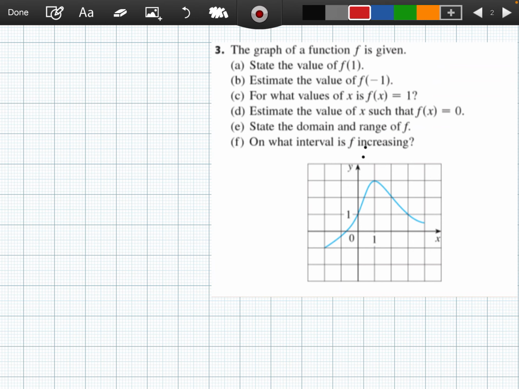So what we do is, for x equal 1, we make a vertical line and see where it crosses the function f, the blue graph. I see it crosses here. So the element in y is 3.